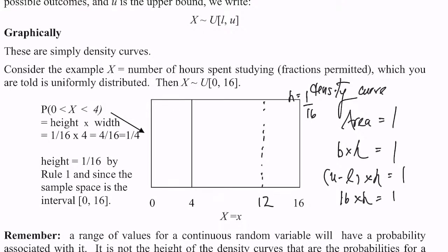How does that help me? Well, now that I have the height of the whole box, I can figure out the probability of outcomes between 0 and 16 hours of studying. If I was to calculate the one that I laid out here, I would want this area, which is similarly just the base times the height, or the width.